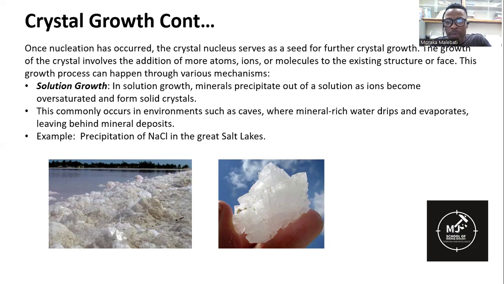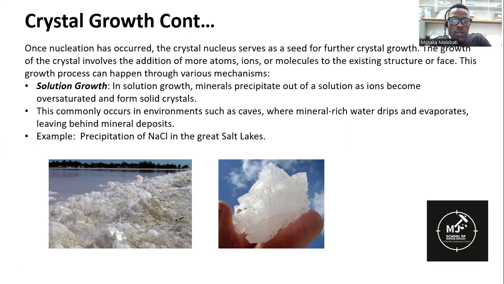Okay, it must taste salty. So when water evaporates, whatever crystals settle and precipitate will grow into the mineral halite. It's a typical example of a solution growth, in simple terms.